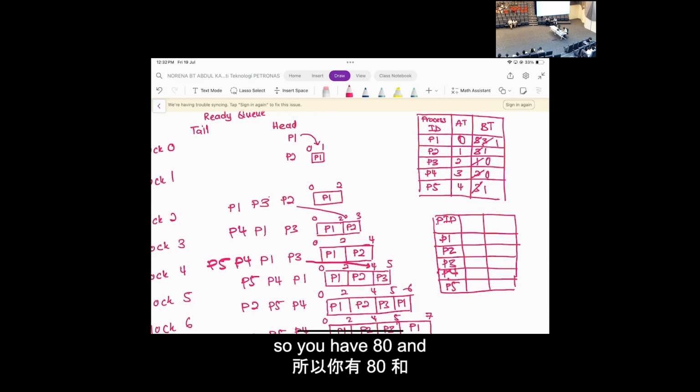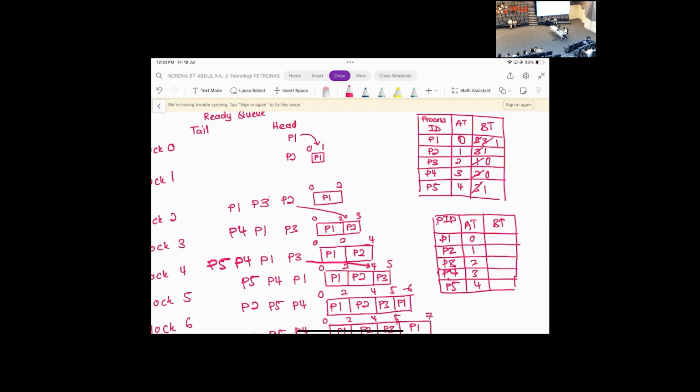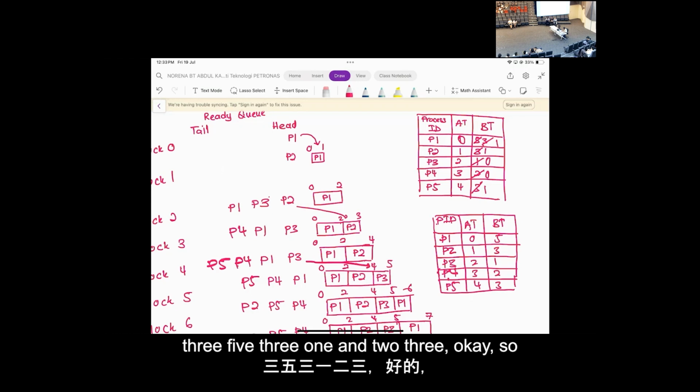So you have AT and BT. AT stands for arrival time, BT stands for burst time. The arrival times for P1, P2, P3, P4 and P5 are as follows: 5, 3, 1, 2, and 3.